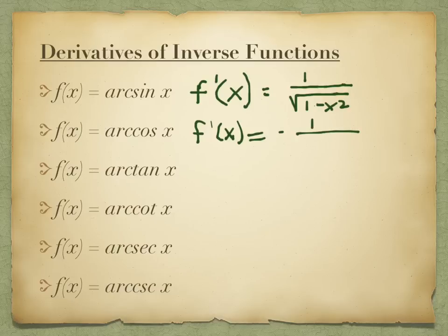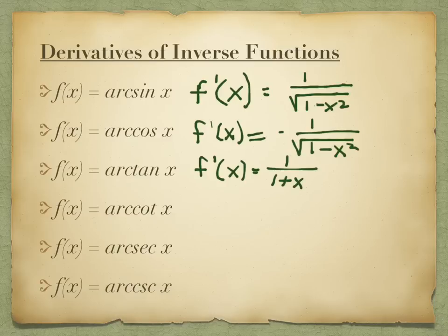The only difference is that it's the negative of what we just wrote down. So that's nice, right? Tangent is 1 over 1 plus x squared. There's no square roots and it's addition. Cotangent, arc cotangent, is just like tangent, but it's got a negative on the outside.